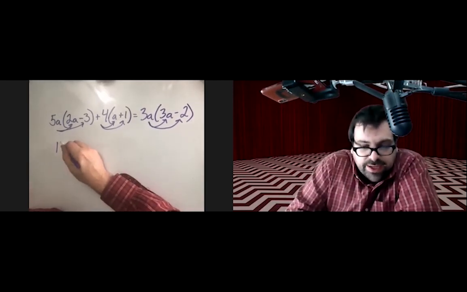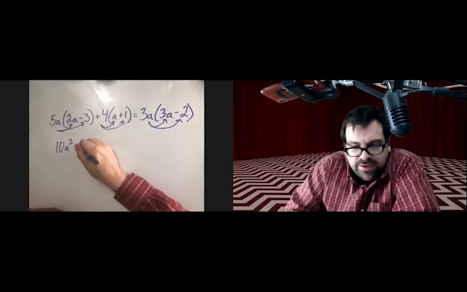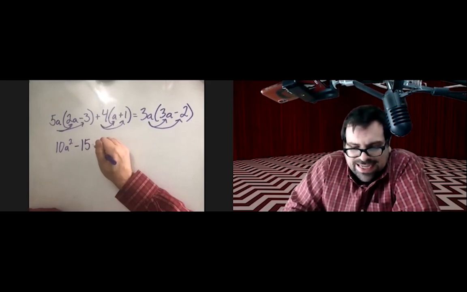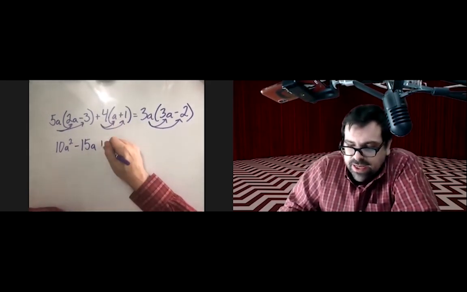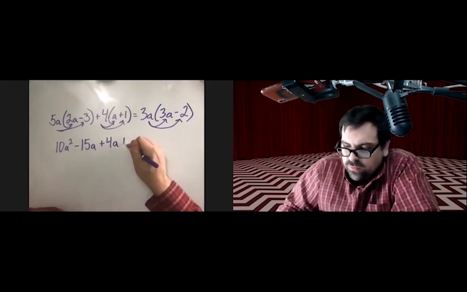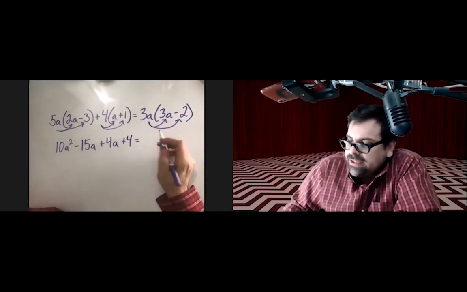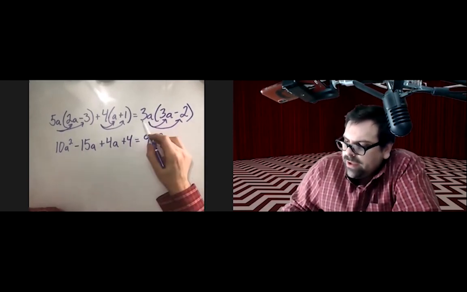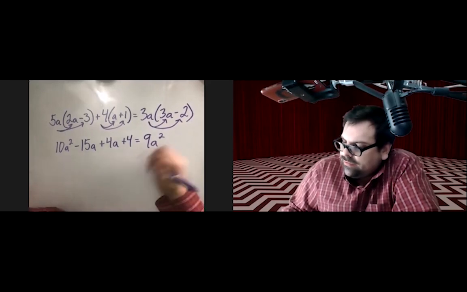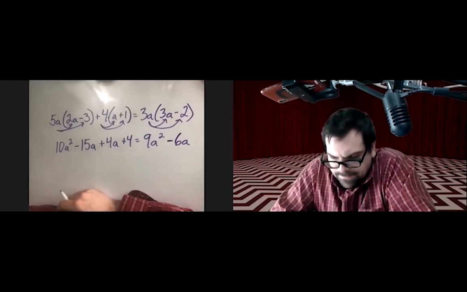5a times 2a is 10a squared. 5a times negative 3, that's negative 15a. 4 times a plus 4a. Positive 4 times positive 1 plus 4 equals 3a times 3a, 9a squared. 3a times negative 2, negative 6a.